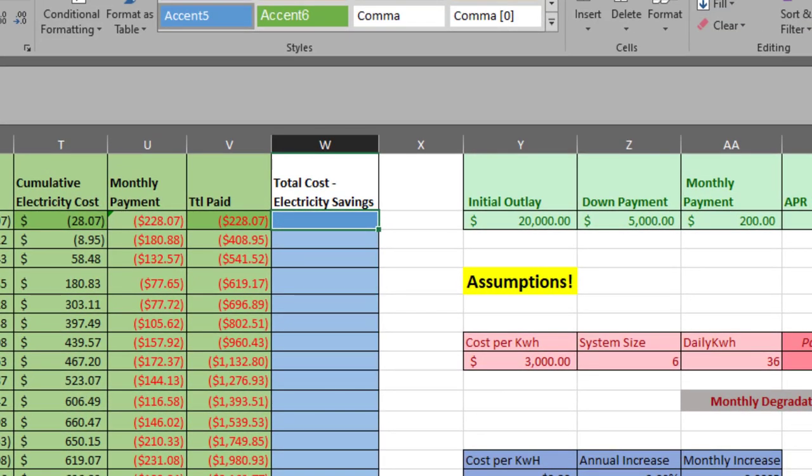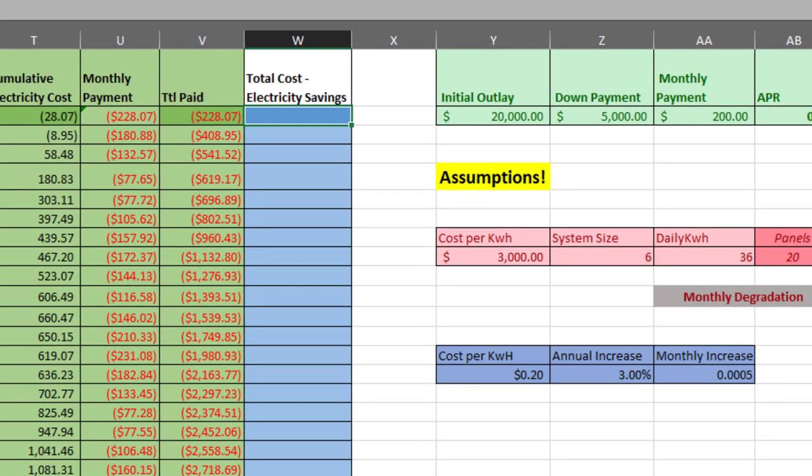This final column is really the most interesting of all of them. This is the total cost of the system, and from there we'll be able to see exactly when the balance of payment comes to zero, when we've paid the system off essentially, and how much money we would hopefully earn by this investment.